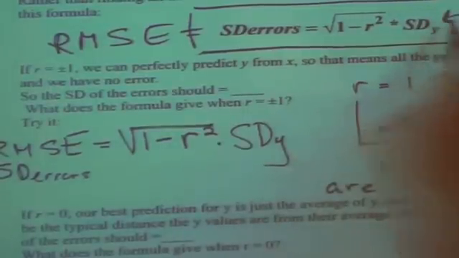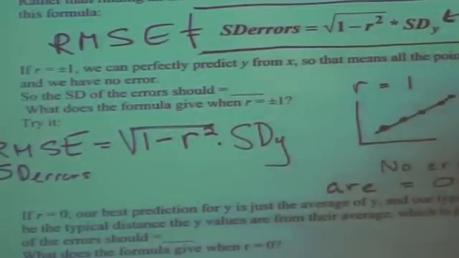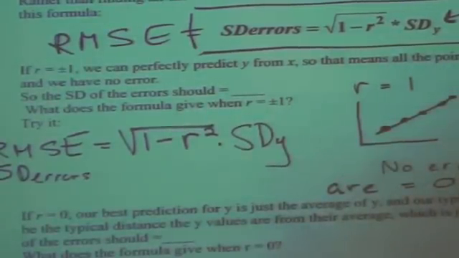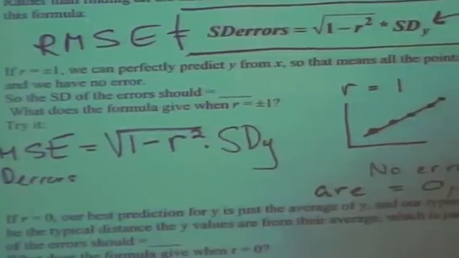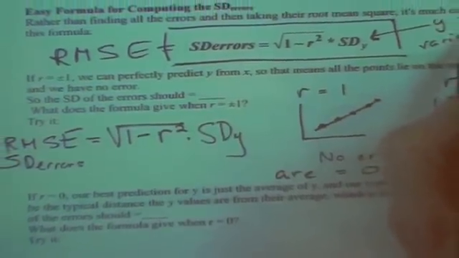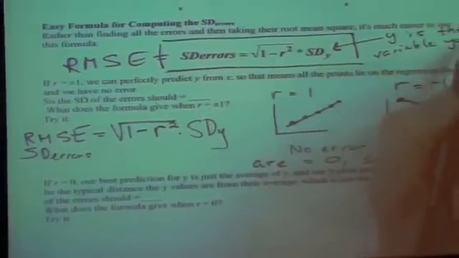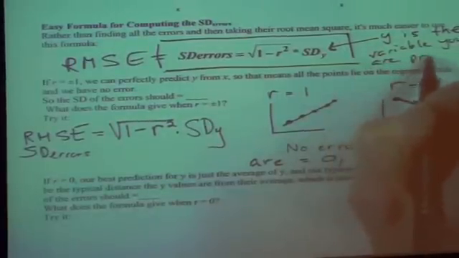And y is always the variable that you are predicting. Y is the variable you are predicting, always.